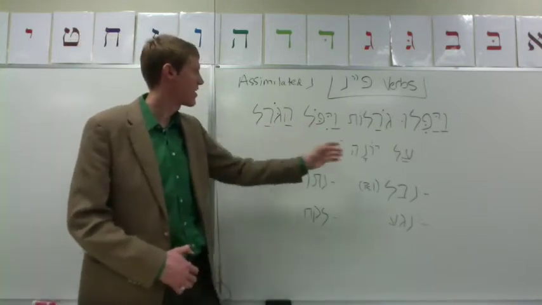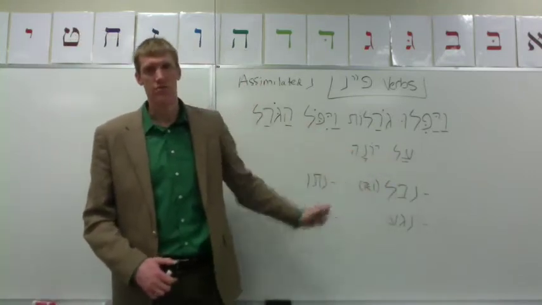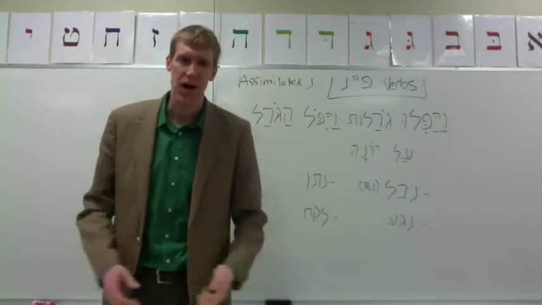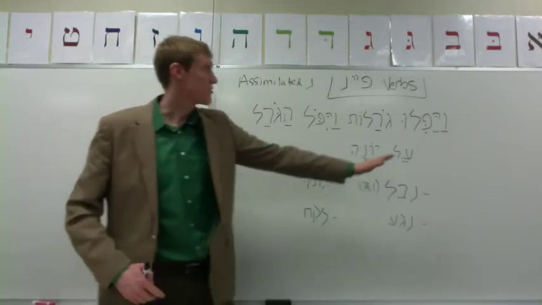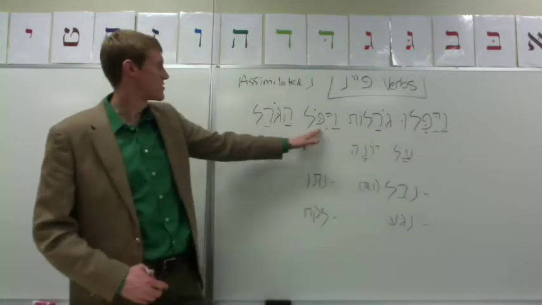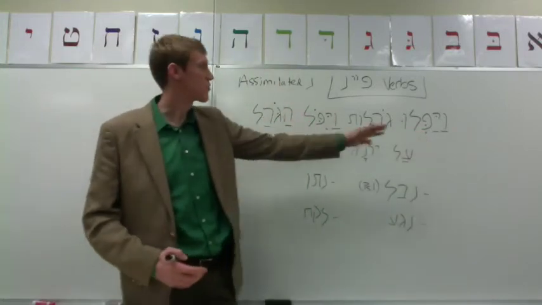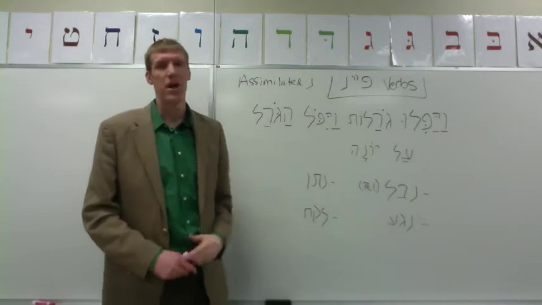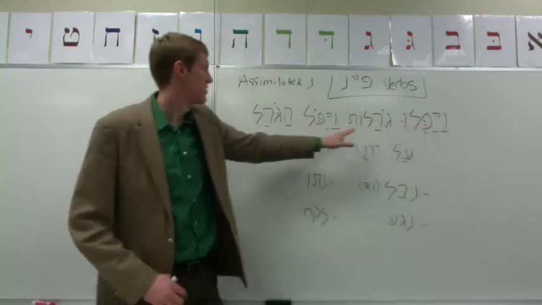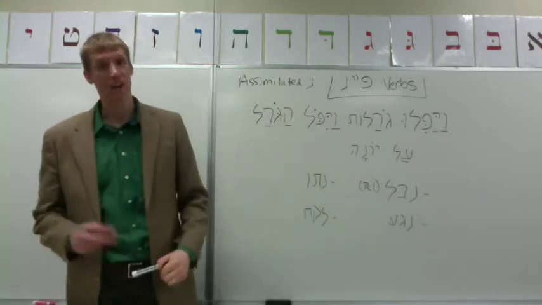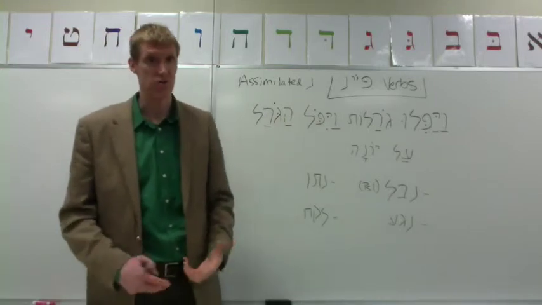The lot fell al Jonah. Upon Jonah. Okay, so here are two different words. It's the same word, but in two different ways. Both Pe-nun, both the nuns fall off and show up in the second root letter as a Dagesh forte.